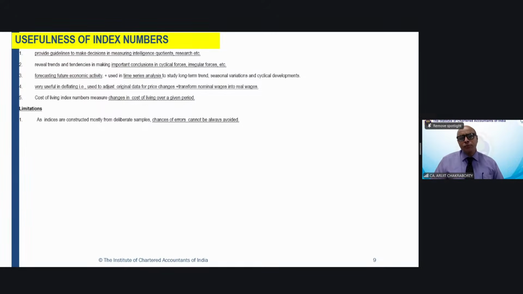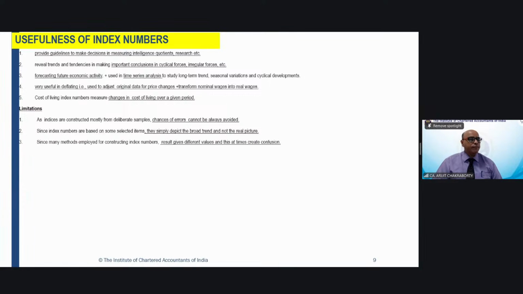Limitations, yes, there could be some bias, there could be some sampling carried out for the purpose of computing the index numbers. There may be certain chances of error. And of course, it may not be exact always, and results might give different values.